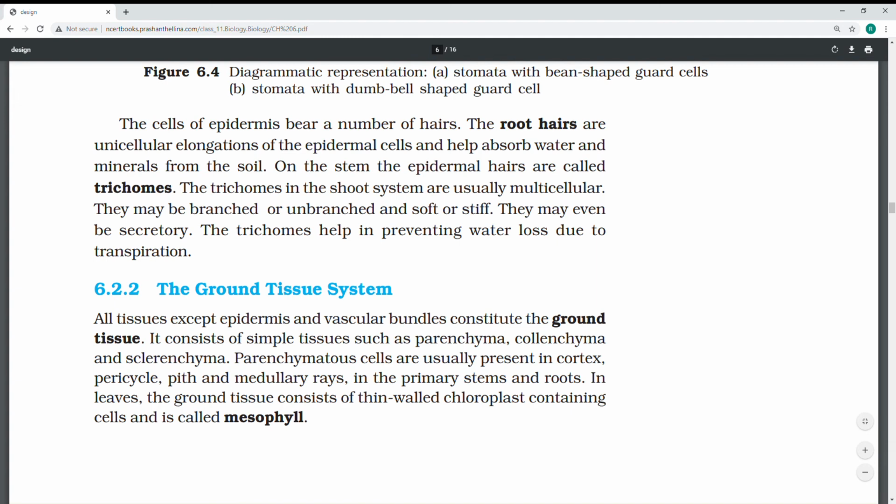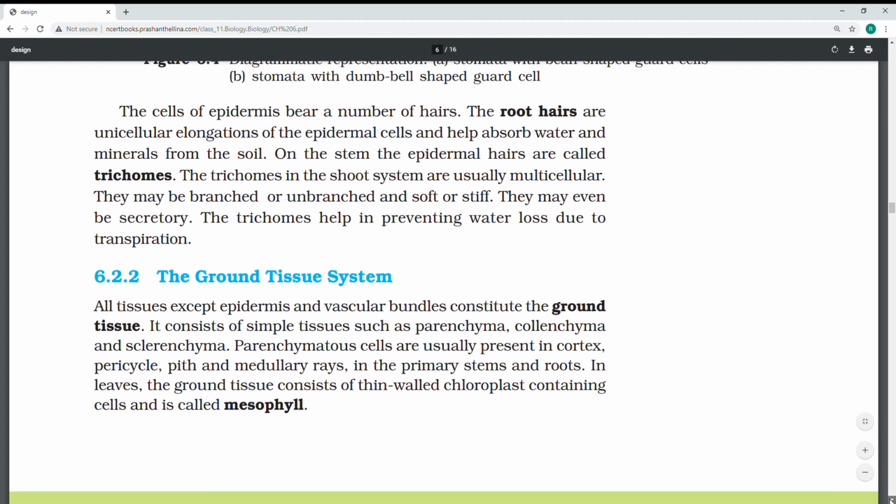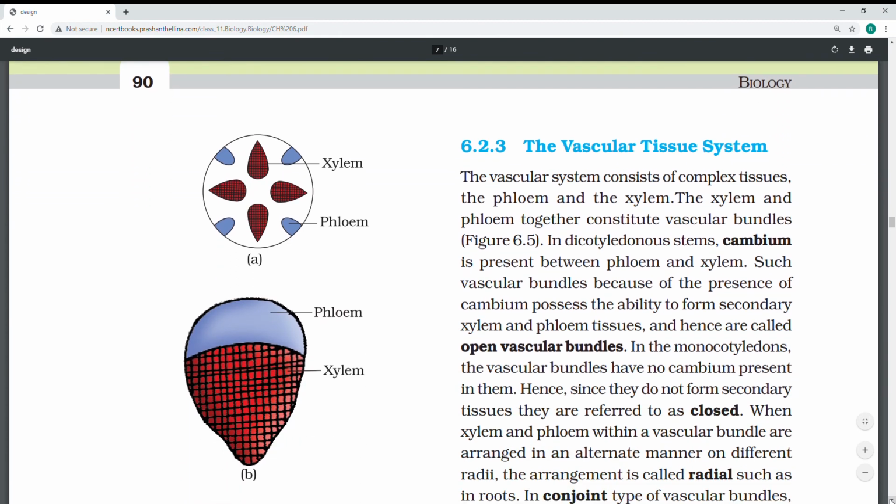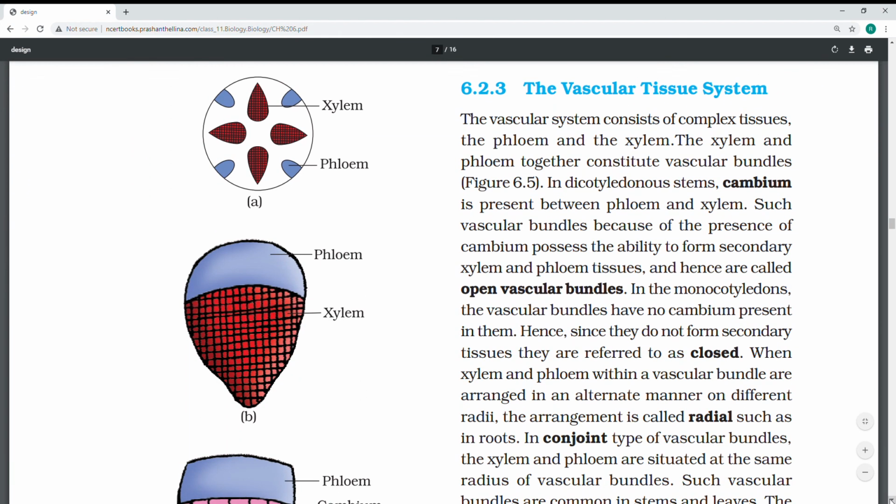Parenchyma is generally present in the cortex. When I show you the structure, you will understand. The round structures will be drawn, with pericycle and medullary rays in the center, in primary stems and roots. Ground tissue consists of thin-walled, chloroplast-containing mesophyll.